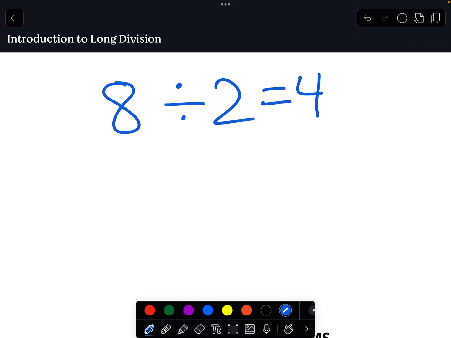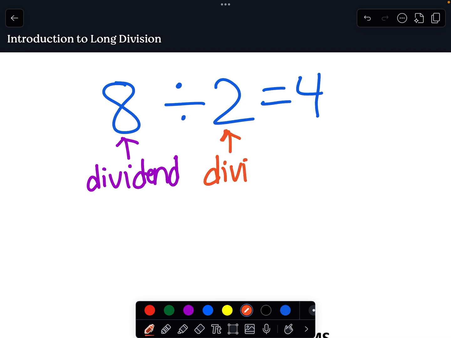Now, in any division problem, the number that is being divided is called the dividend. The number that we are dividing by is called the divisor. And the answer to a division problem is called the quotient.